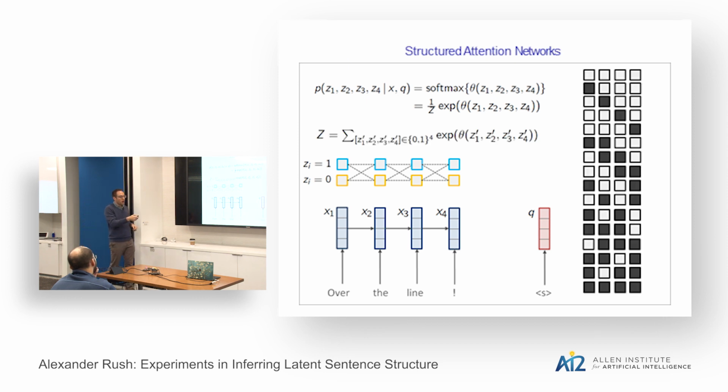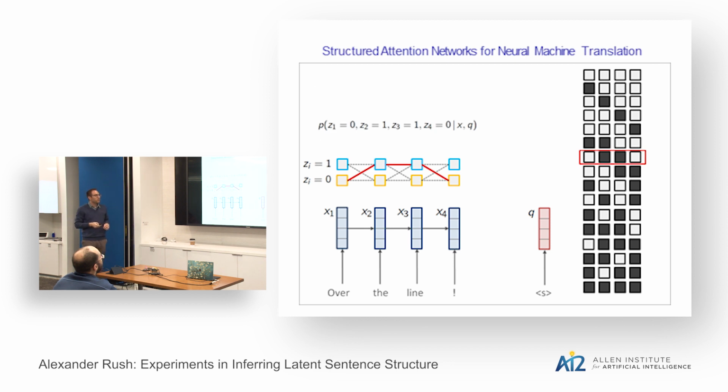So we're going to consider all the different possibilities over here, all the different ways you could select words, and we're going to parameterize that with a distribution. So our distribution here will consider all the different possibilities for how we might choose from the words we're interested in.